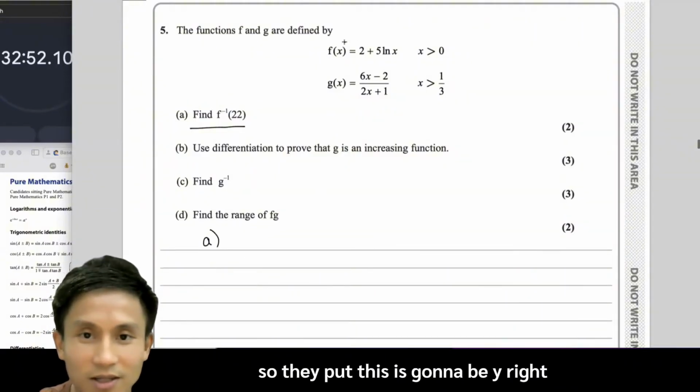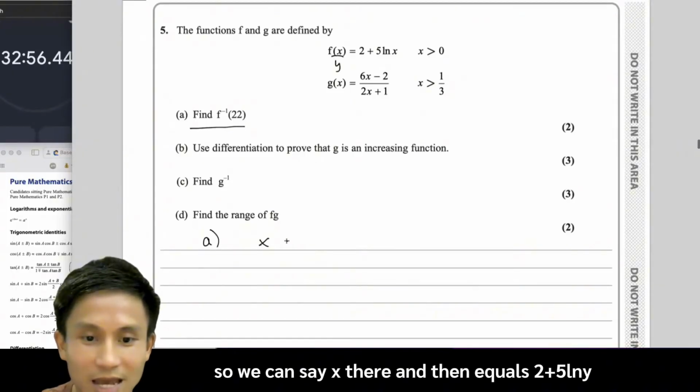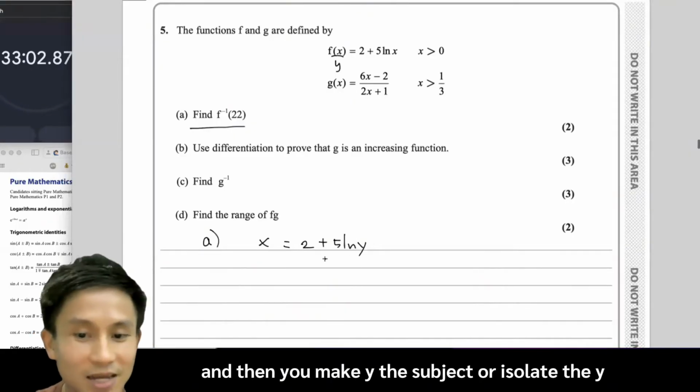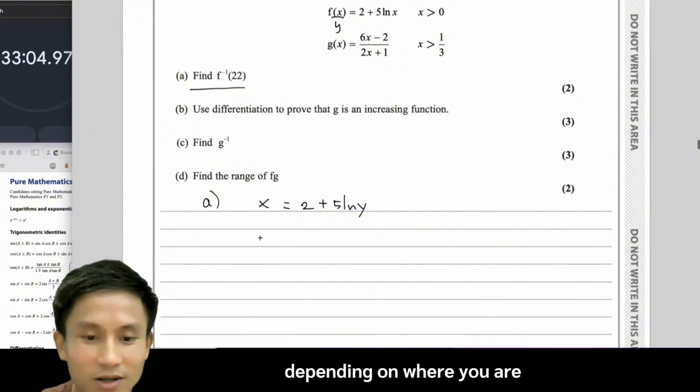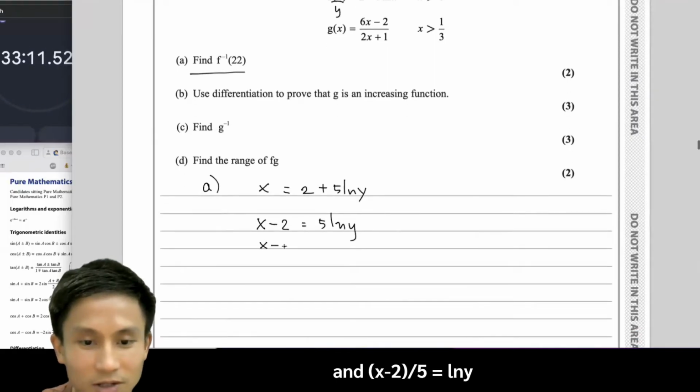So they put, this is going to be the y, right? This left-hand side is y. So we can say x there and then equals 2 plus 5 ln y. And then you make y the subject or isolate the y depending on where you are. So I'm just going to go like x minus 2 equals 5 ln y, and x minus 2 over 5 equals ln y.